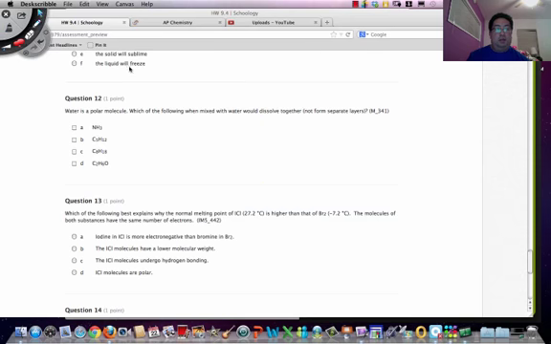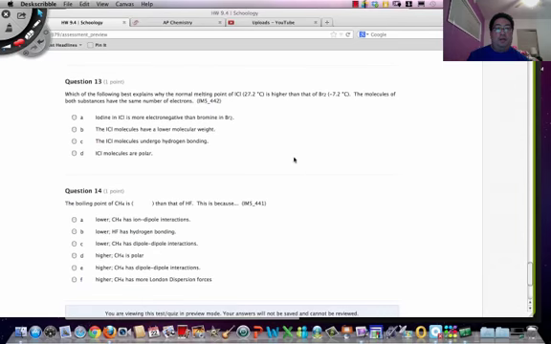Okay. Moving down to 13. Which of the following best explains why the melting point is higher? So remember we talked about intermolecular forces, right? The stronger the intermolecular force, the higher the boiling point.